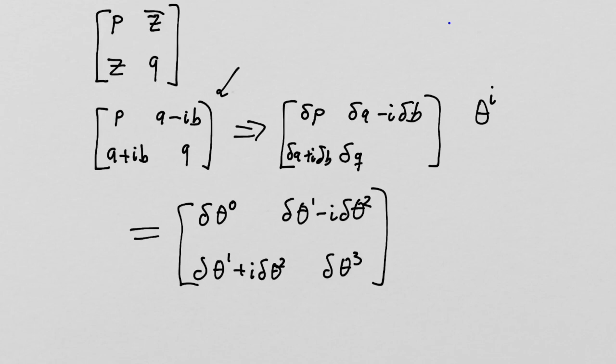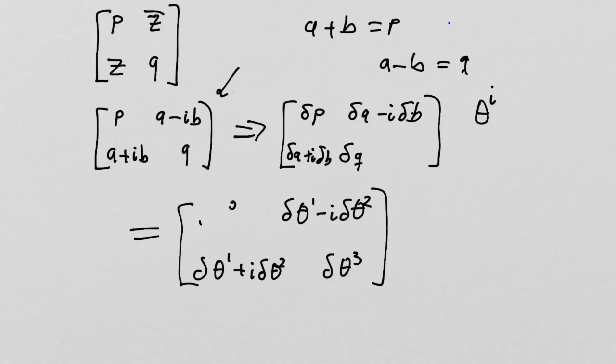But P and Q can always be written as A plus B and A minus B, right? For any P and any Q arbitrarily, I can find A and B such that A plus B equals P and A minus B equals Q. And that gives us our final form here, which what we really do is we adjust the parameters theta 0 and theta 3.